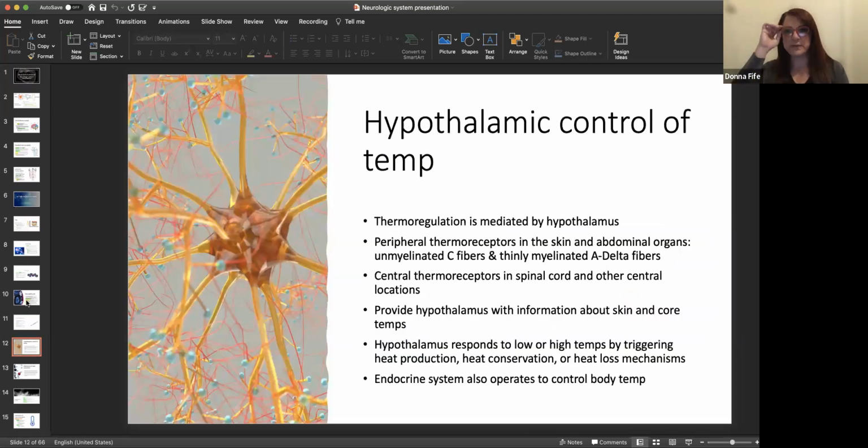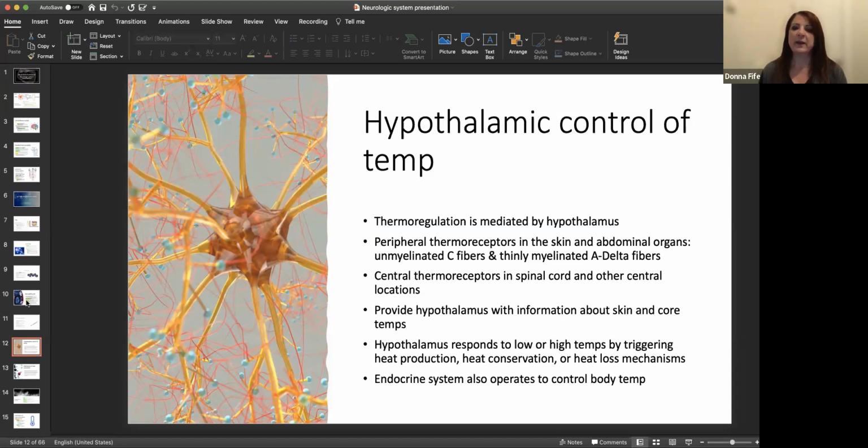Hypothalamic control of temperature. Thermal regulation is mediated by the hypothalamus. There's peripheral thermoreceptors in the skin and the abdominal organs, and these are unmyelinated C fibers and thinly myelinated A delta fibers. The central thermoreceptors in the spinal cord and other central locations.